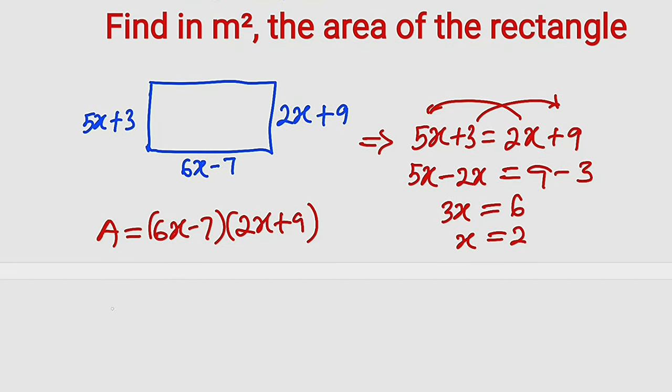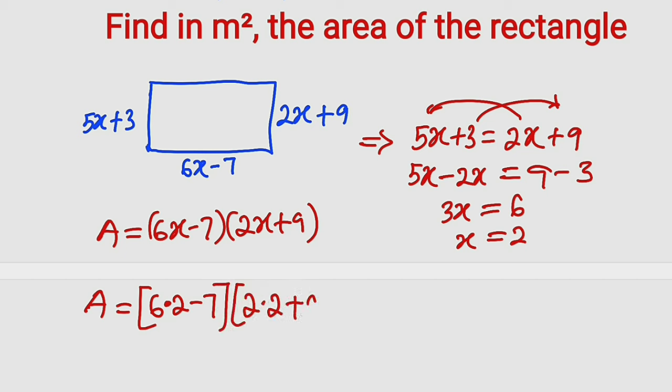So now let us substitute the value of x equal to 2. A will be equal to 6 multiplied by 2 because x is equal to 2, then minus 7, multiplied by 2 multiplied by 2, then plus 9.